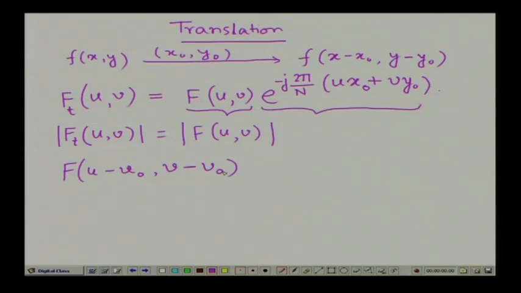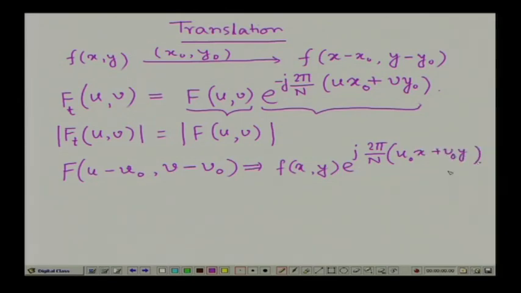If I take the inverse Fourier transform of this, it will be f(x,y) into e to the power j 2 pi by N (u naught x plus v naught y).